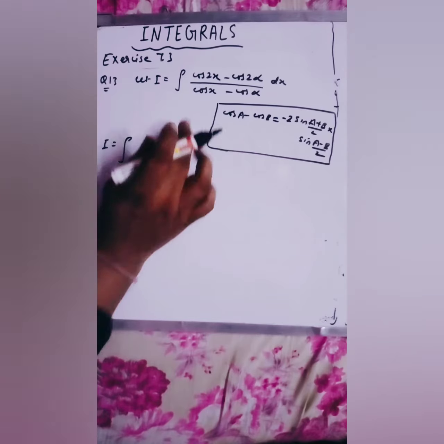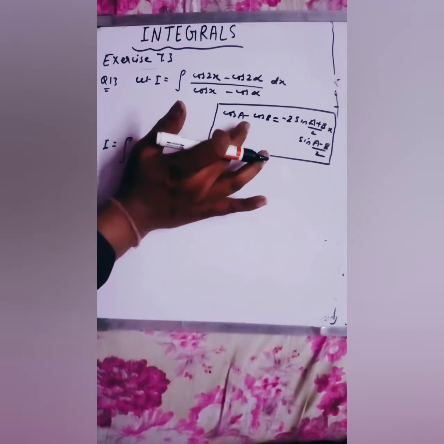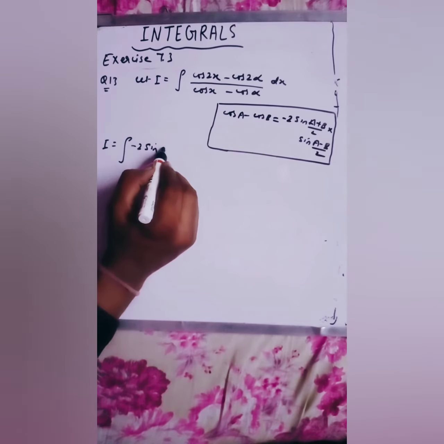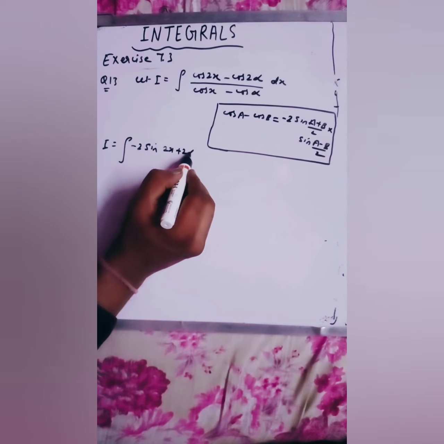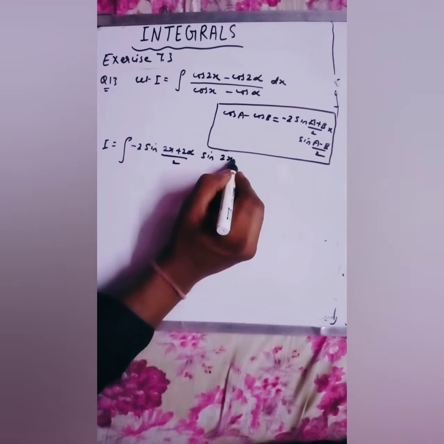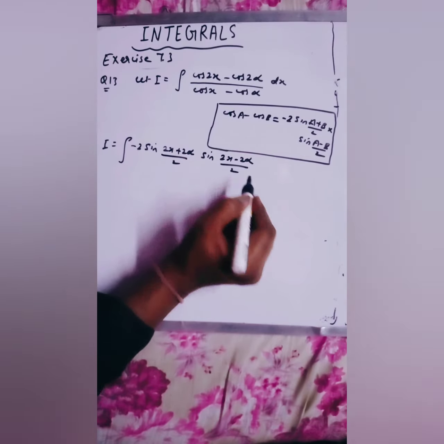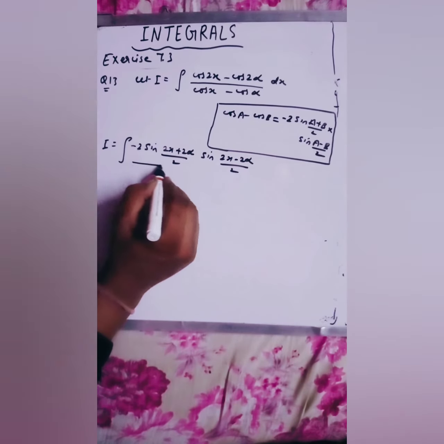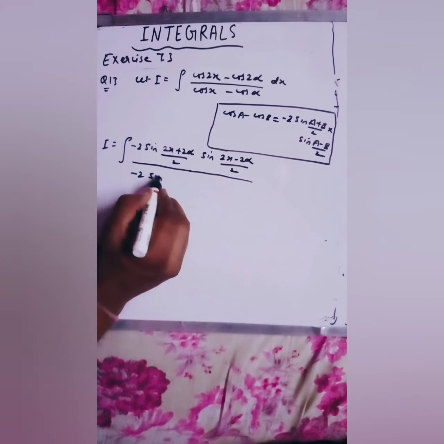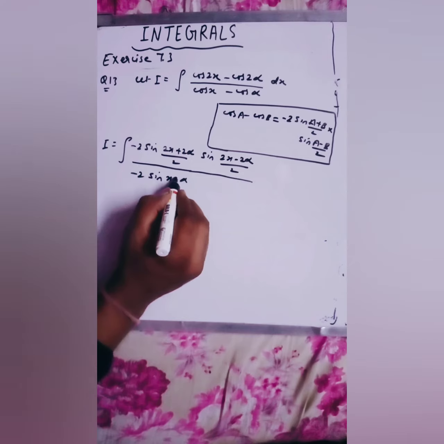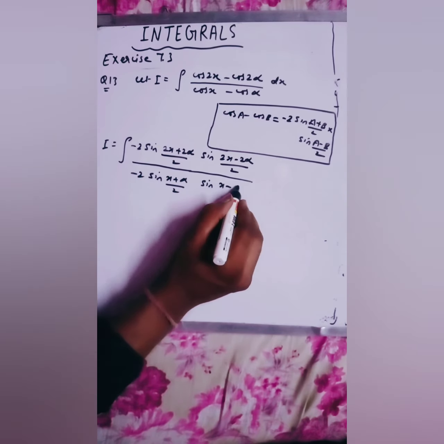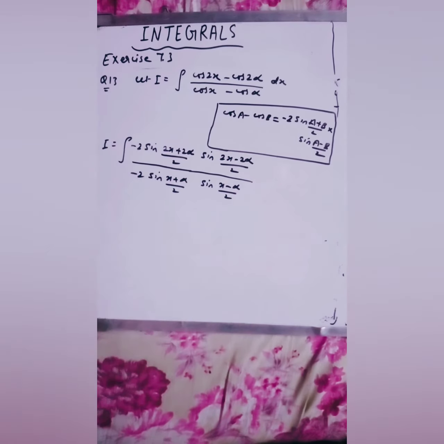So your I would be, in the numerator part you have to apply the same formula, minus 2 sine of (a plus b), that is (2x plus 2 alpha) over 2, into sine of (a minus b) over 2. And similarly in the denominator you have to write the formula, minus 2 sine (a plus b) by 2 sine (x minus alpha) by 2.